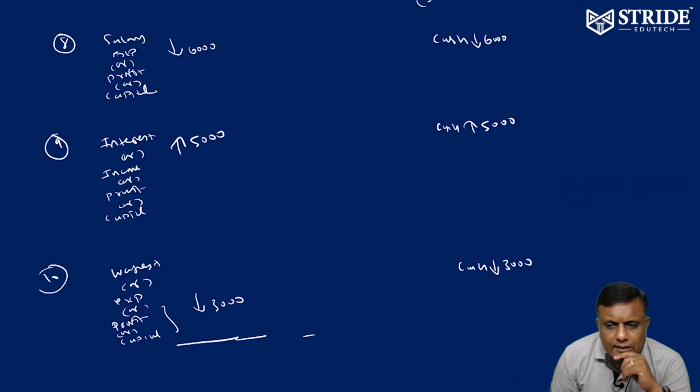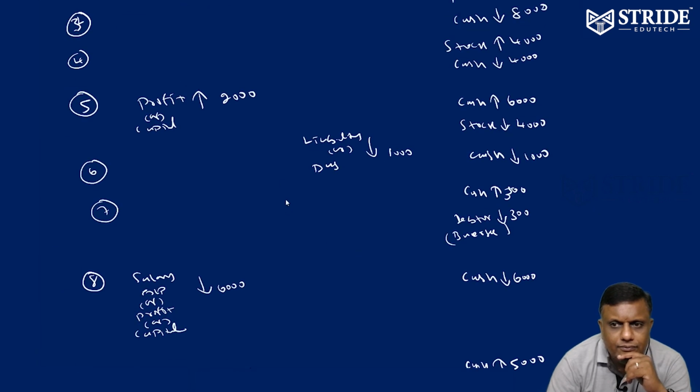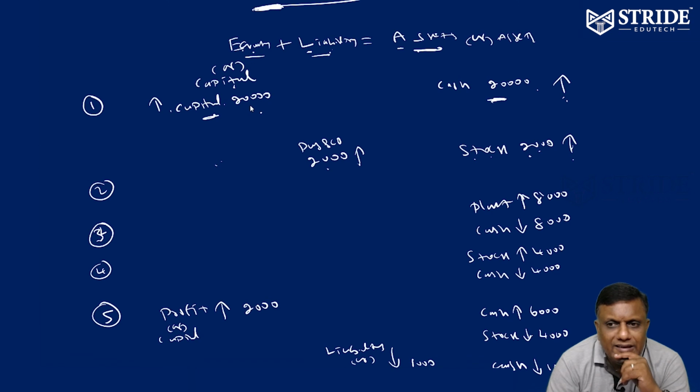Capital tally, liability tally, asset tally. Okay. We'll do one by one. First, capital. So capital 20,000 increase means plus.